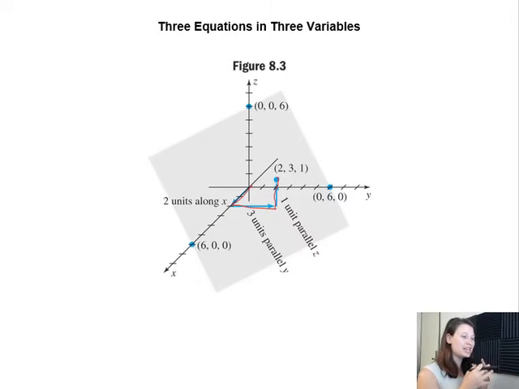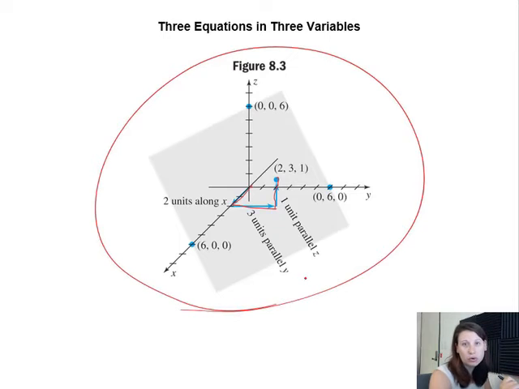One of the horizontal lines or corners is the x, one is the y, and the up corner is the z. So the graph that we have here fits right into the corner of a room, and that can help you visualize a little bit.